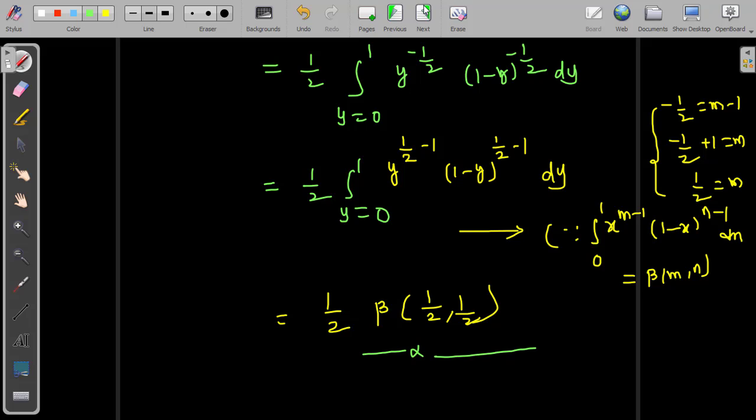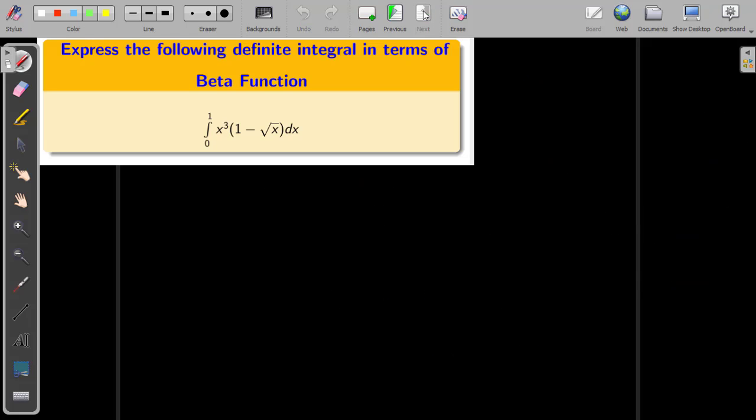Let us move on to the next question. The question is the same format here, so I'll be writing the solution directly. We have the given definite integral from 0 to 1 of x to the power of 3 times (1 minus root x) dx. In the previous two problems, there was 1 by root x, some function under the denominator. Here it is in the numerator only, so it is very easy.